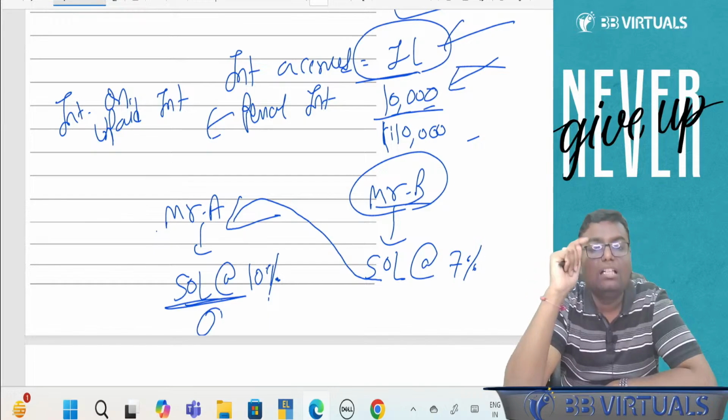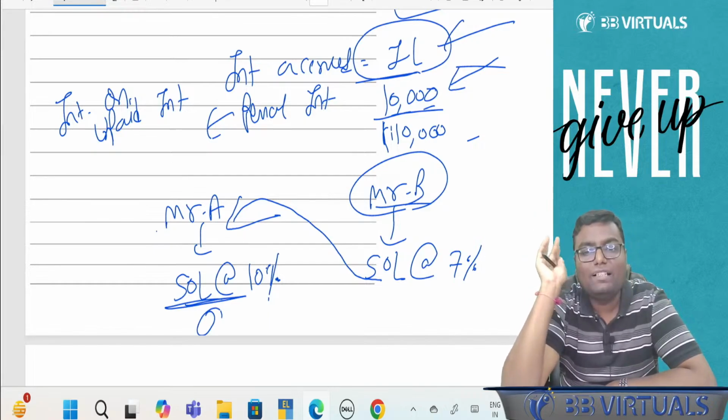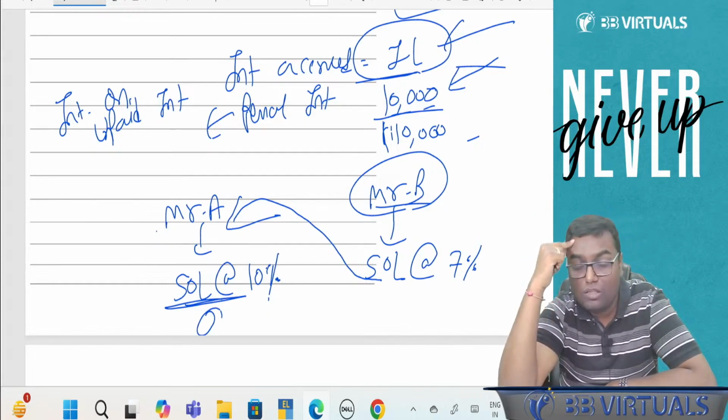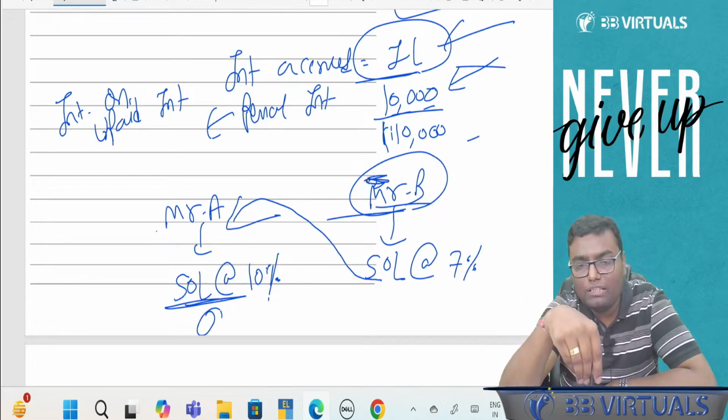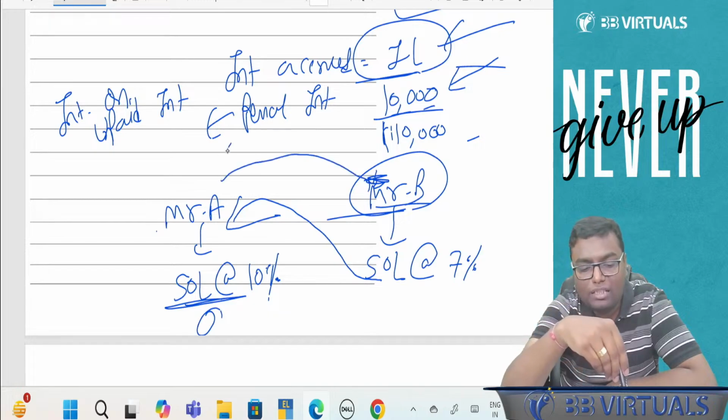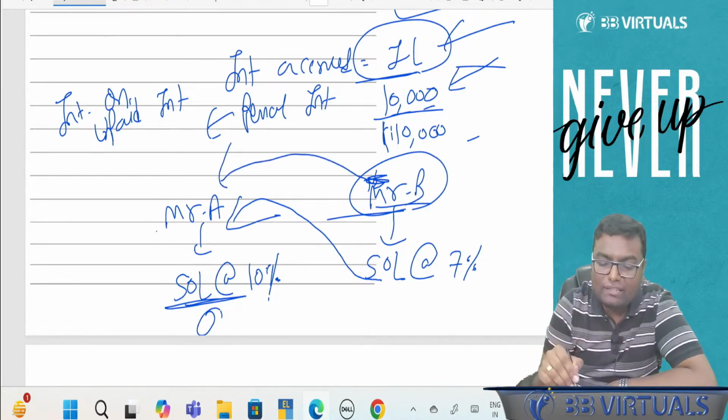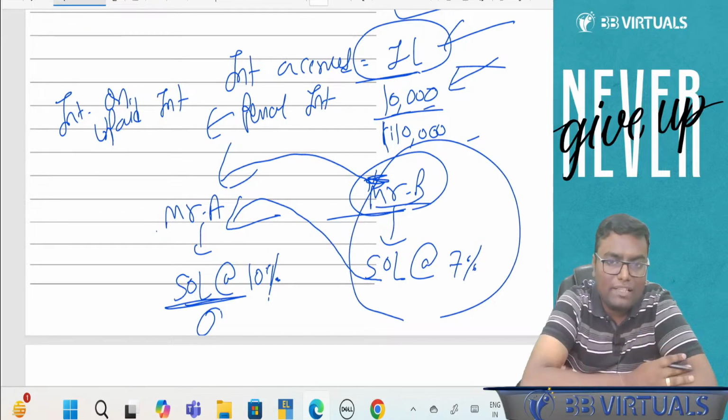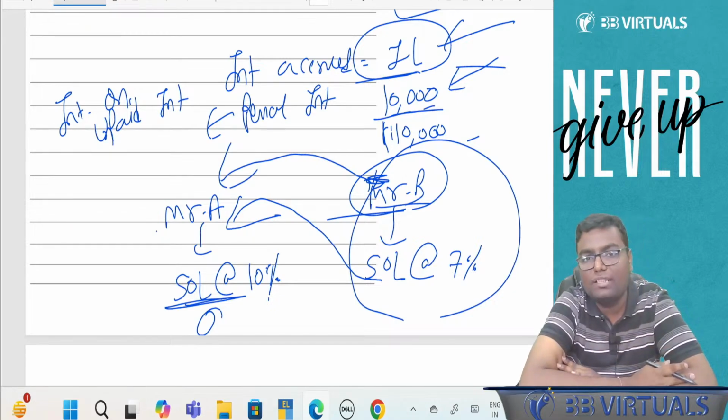Mr. B. Whether this will be allowed as a deduction in 24 clause B? Because see, ultimately this particular loan is not directly to acquire the house. This loan is taken to repay the earlier loan. So whether interest of this Mr. B is allowed as a deduction in 24 clause B, what do you think?